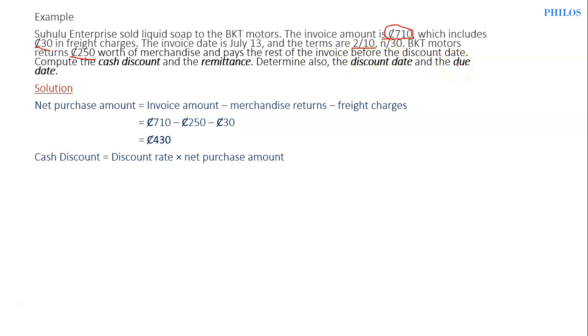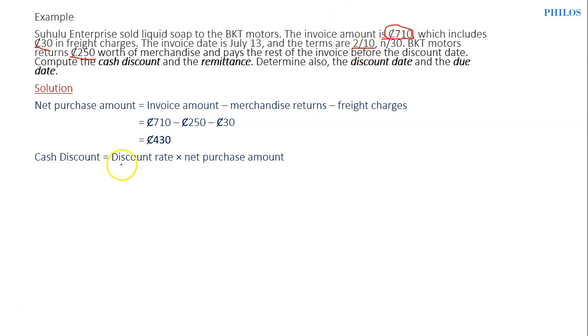You need to check whether he qualifies or not. If you fail to check whether he qualifies or not, and you solve and get an answer, you might be wrong. Do you get it? So since the question says he pays the rest of the invoice before the discount date, it means he qualifies for this 2% discount.